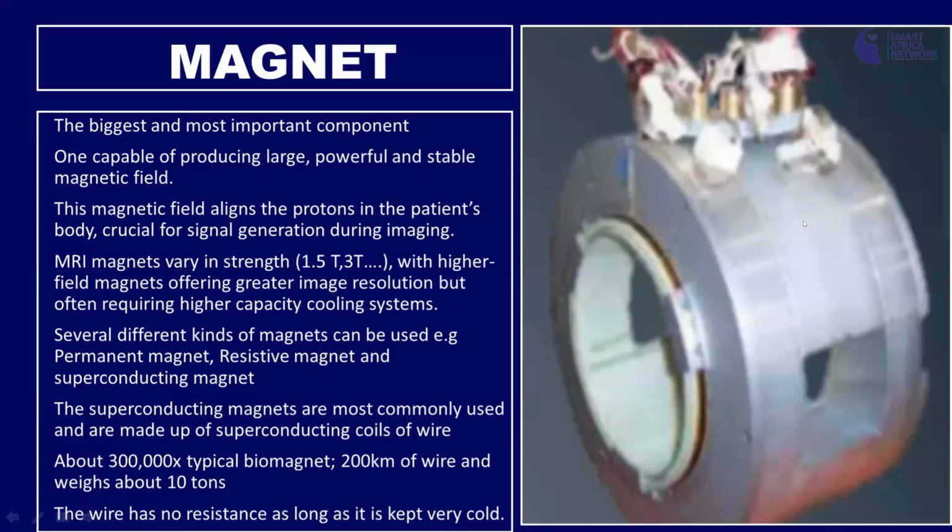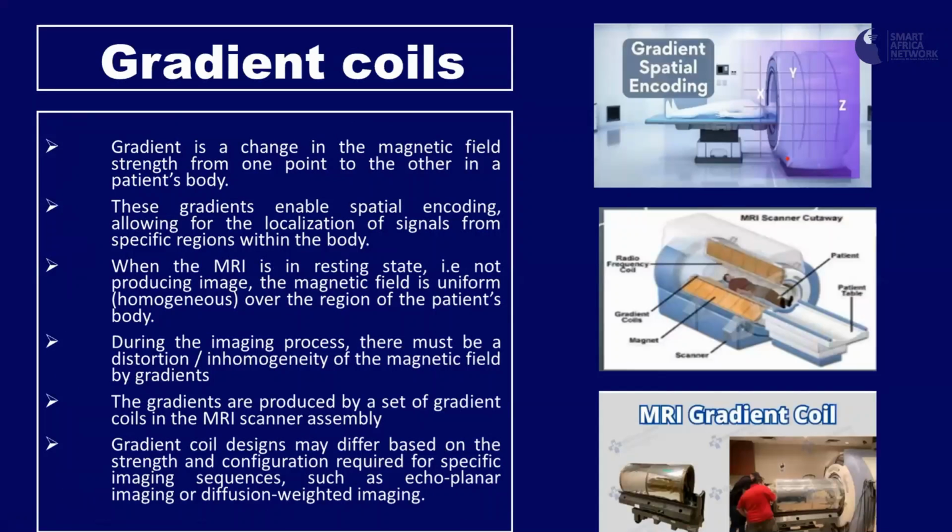You have the permanent magnet, the resistive magnet, and the superconducting magnet. Presently, the superconducting magnet is what is commonly used now. They are made up of superconducting coils within this huge magnet, and they weigh about 10 tons, very heavy. These wires have no resistance as long as they are kept cool.